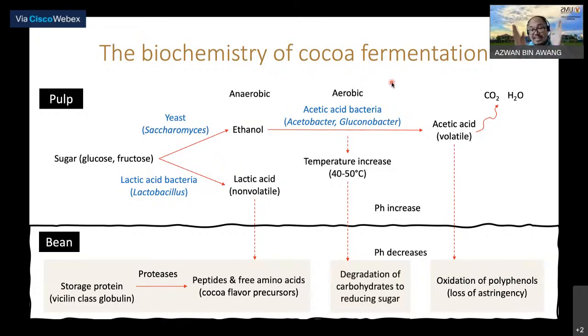The pulp, kan dia jadi cair, dia jadi jatuh macam tu. The temperature increases as well as the pH, that will give a good condition.